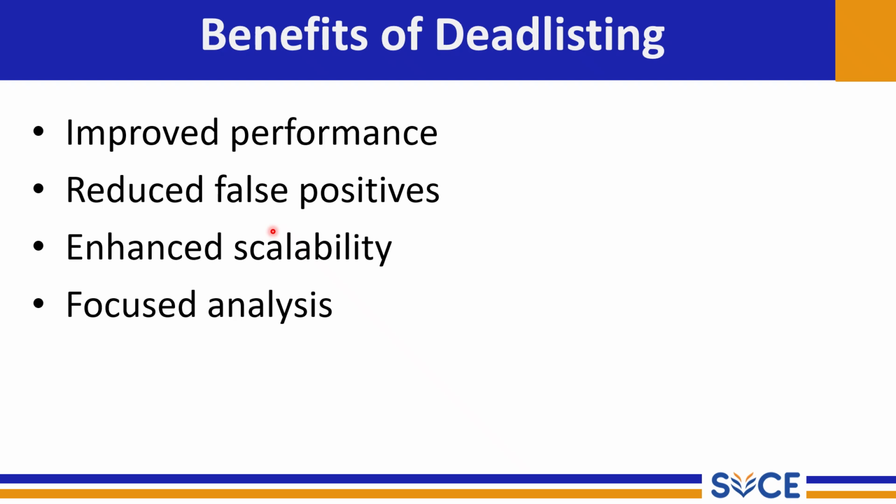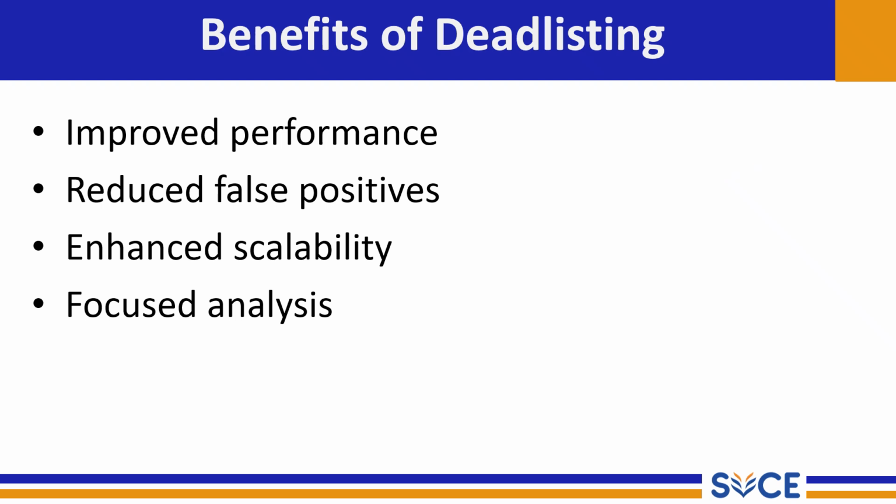Next, resource efficiency: minimal computation overhead compared to heuristic analysis. And proven threat: it catches known variants and established malware families. So these all come under the benefits of deadlisting.